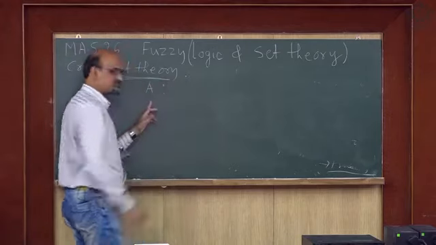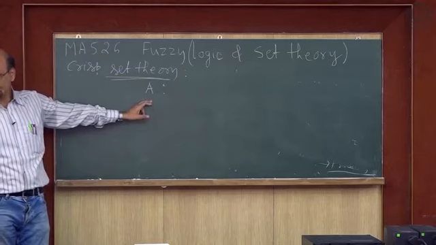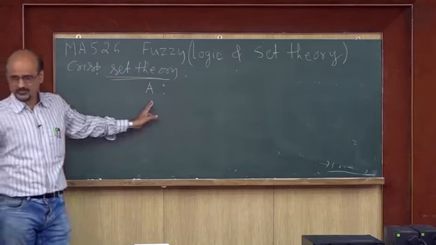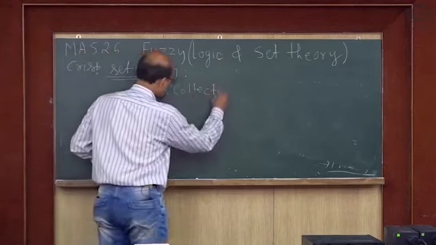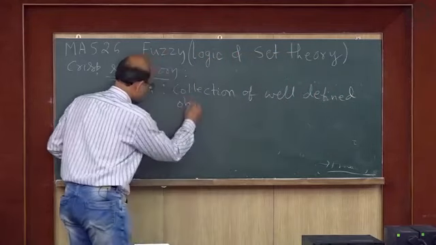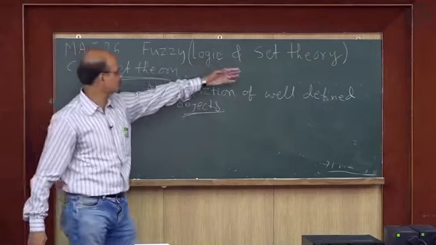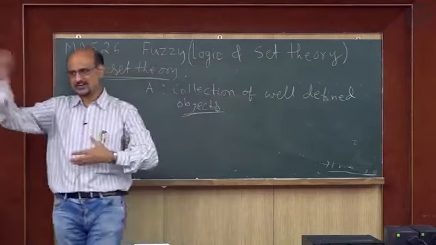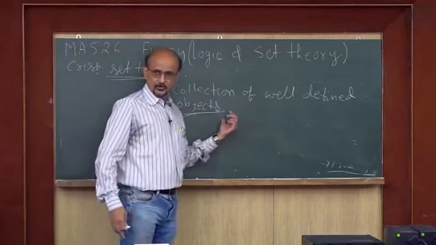If I say A is a set, then it is a collection of well defined objects. So, I am just revising or introducing this set theory so that I can extend it to fuzzy. Collection of well defined objects.